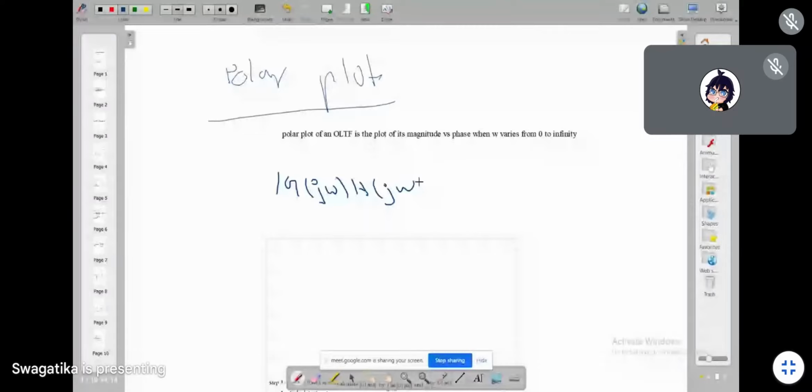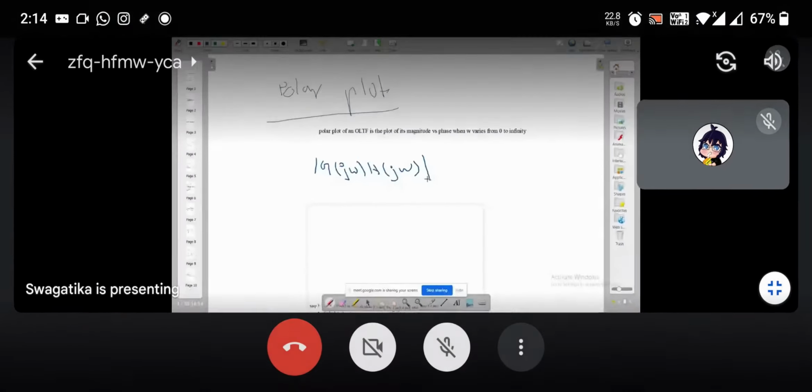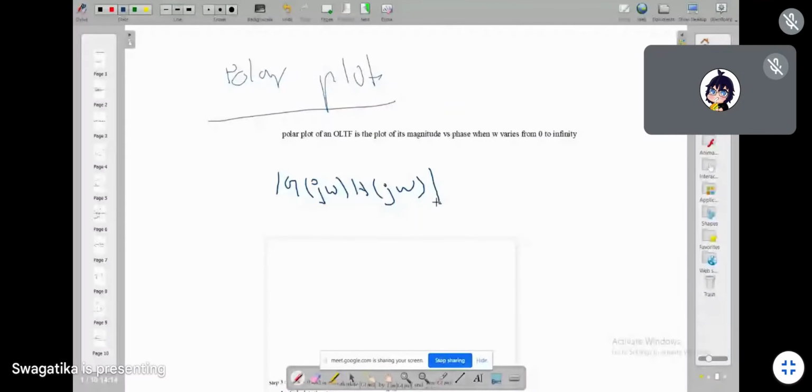So this is your magnitude. Then if I go for the phase, that is the angle of G(j omega) H(j omega), that is the phase.